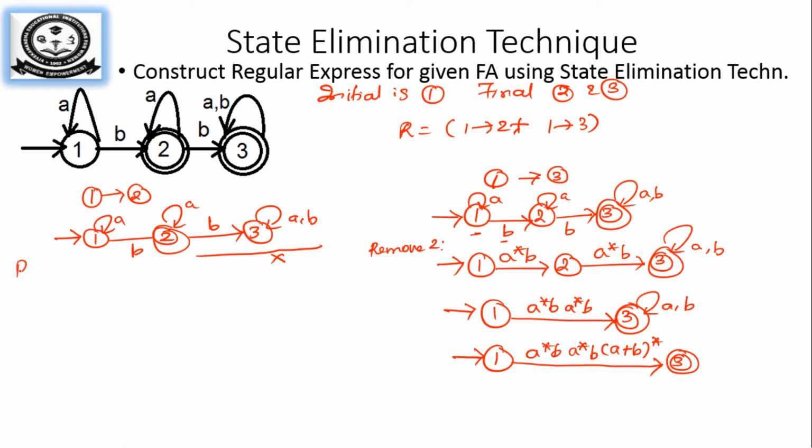So remove the state 3. Why? There is no outgoing edge to the final state from 3. So I can remove that.